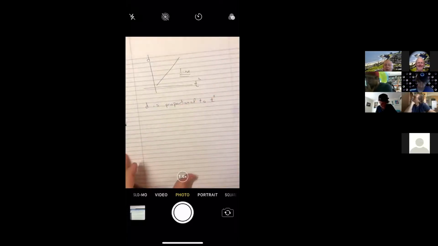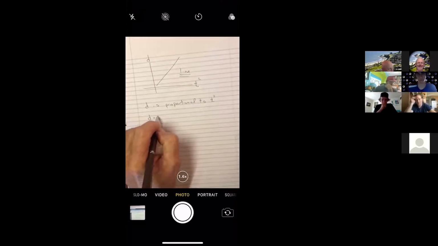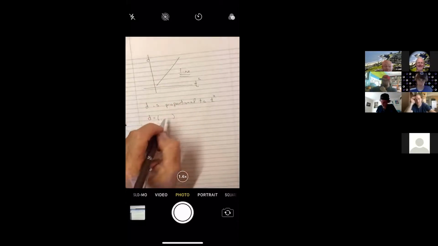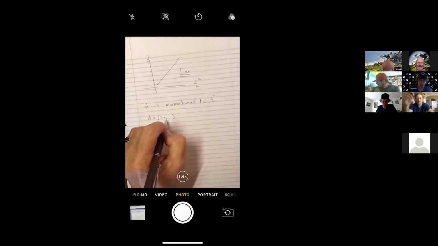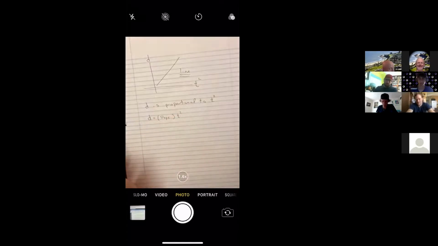That would be one way to answer it. Or you could put it in math form, which says this: distance would then be equal to some unknown number, which would be the slope of that. So we could actually measure it, but they didn't ask us to. So I'm just going to put slope multiplied by time squared.